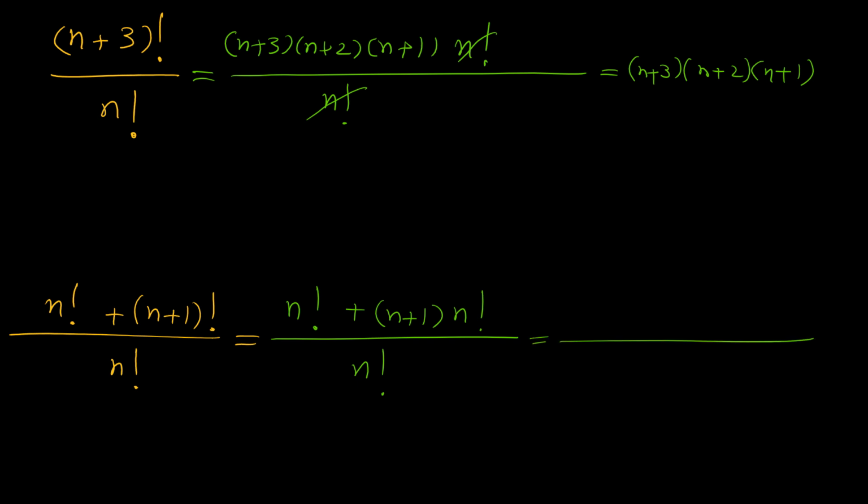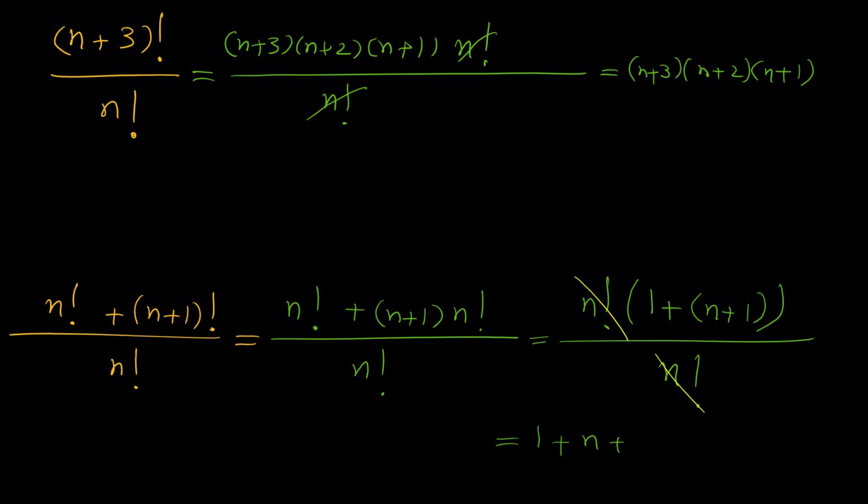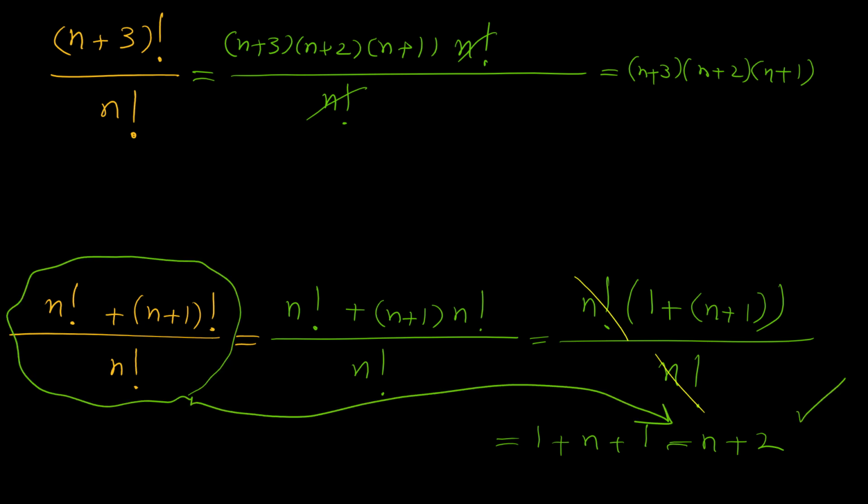So this equals n factorial times, from the first term, if we factor this, we have only a 1. From the next term, we have n plus 1 all over n factorial. Now, if we cancel these common terms, in the numerator we have 1 plus n plus 1, which is n plus 2. This is the answer of simplifying this expression here.